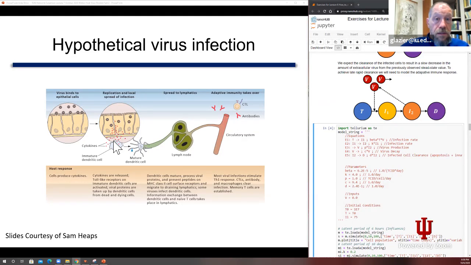These are chemicals that are released by the infected cells and that get into the lymph and the bloodstream and circulate, including to the lymph nodes. And the second thing is what are called antigen presenting cells or dendritic cells here that physically have to crawl from the infected tissue to the lymph nodes.